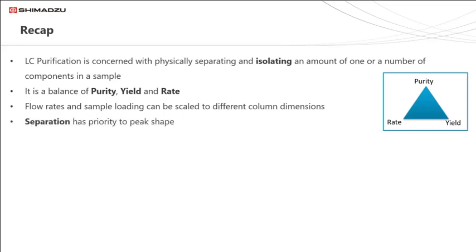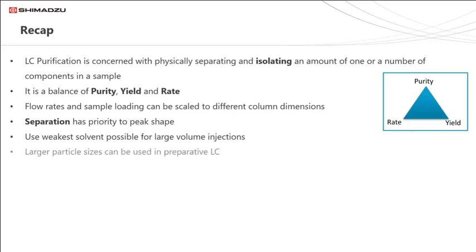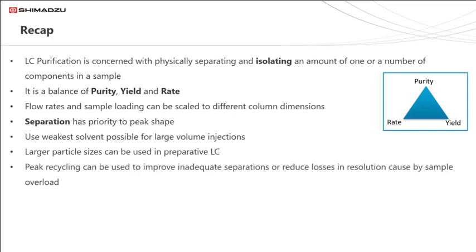That separation has priority to peak shape. That we should use the weakest solvent possible for large volume injections. That larger particle sizes can be used in preparative LC. And that peak recycling can be used to improve inadequate separations or reduce losses in resolution caused by sample overload.